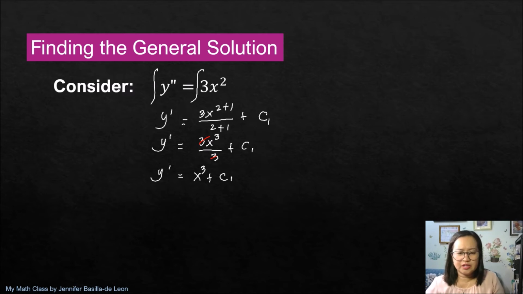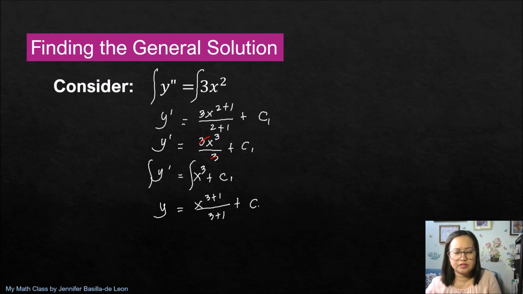Now, since we would like to get the function that satisfies the given condition, we integrate further. So y equals x raised to 3 plus 1 over 3 plus 1, plus c sub 1 x plus c sub 2.